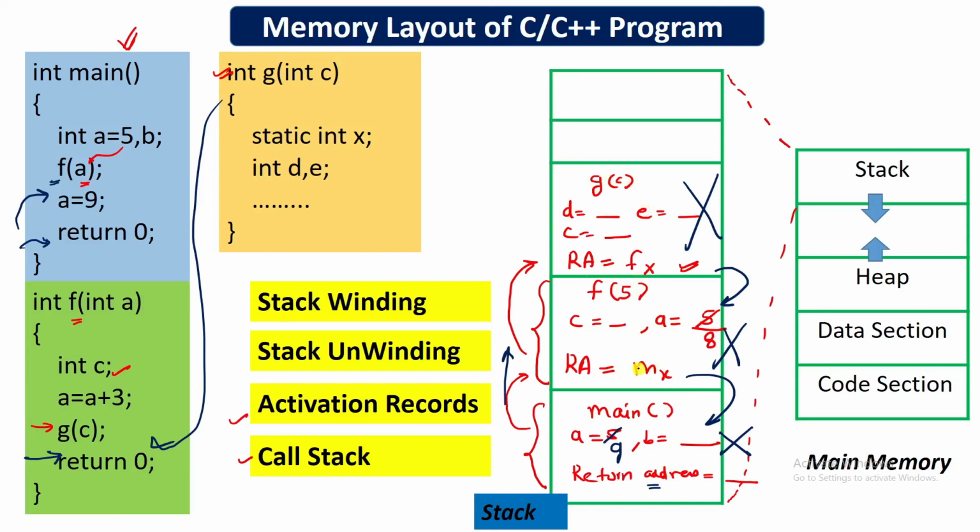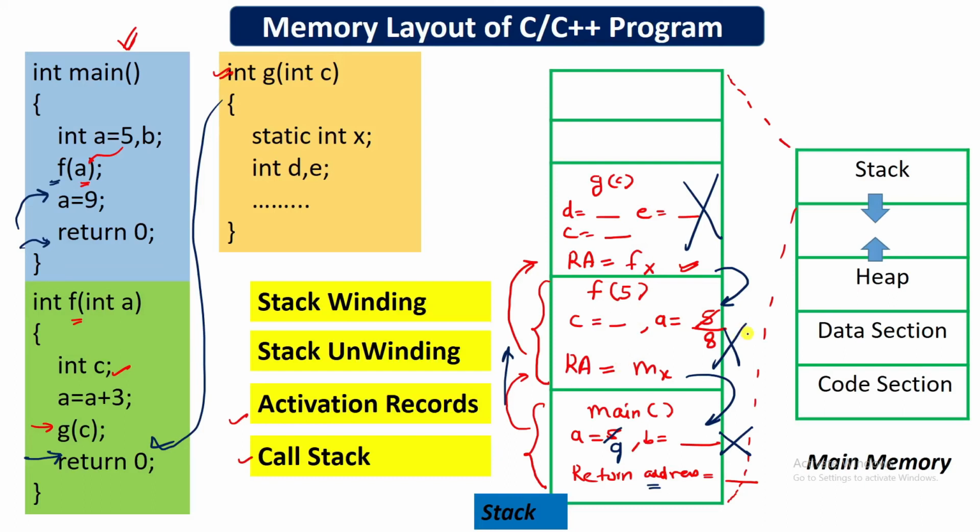But in some languages, like Java and Python, after the function's work is done, its activation record may still be needed. There are some scenarios where the activation record may be needed even when the function is over. In that case the memory layout may be somewhat different, but here we are not talking about specific languages. The rest of the things may depend on the compiler and the languages.